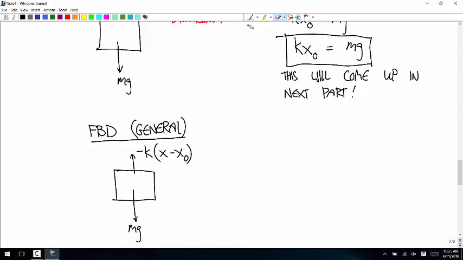And then I just think about if that value here is positive, what's the direction of that force? So if this is bigger than that, we're this way from the resting length of the spring. If we move this way, the spring is going to be pushing down, and that's why I gave it the negative. There might be simpler ways to do it, but that's the way I do it.